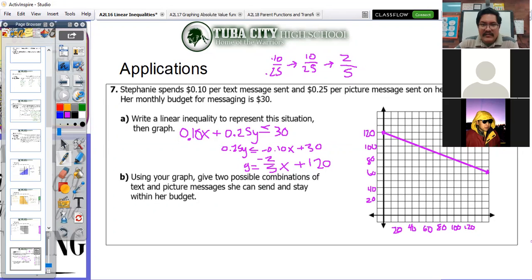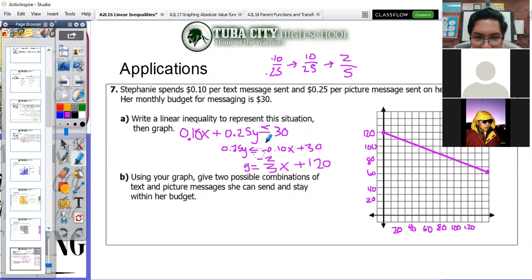Using your graph, give 2 possible combinations of text and picture messages that she can send and stay within her budget. So in this case, the area that we want to be in is going to be below the line.